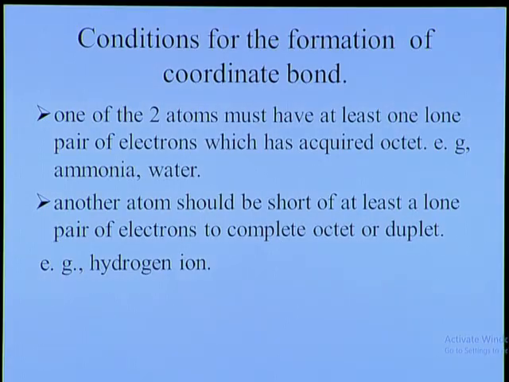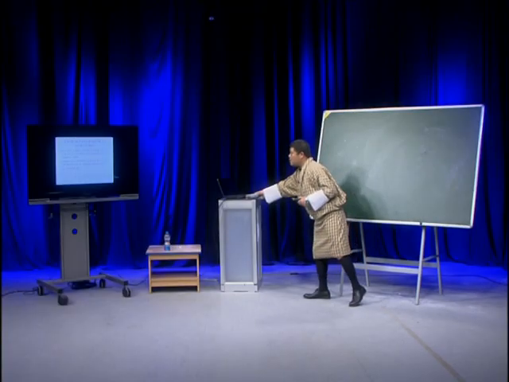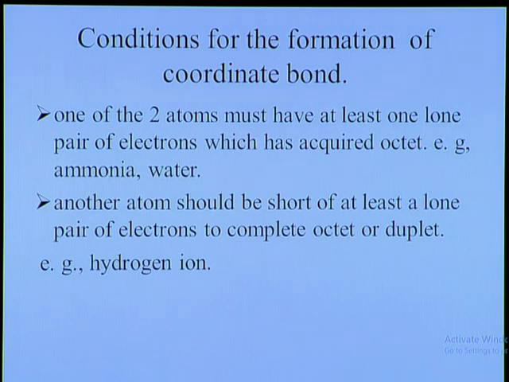Now, what are the conditions for the formation of a coordinate bond? Let's look at the two conditions. Number one: one of the 2 atoms must have at least one lone pair of electrons.